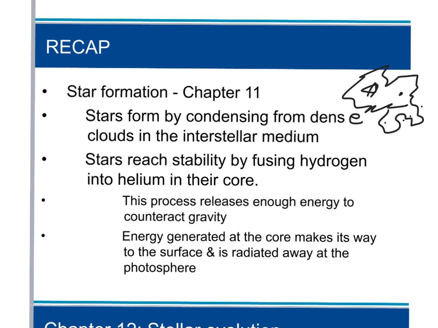But a star is going to reach stability or its maximum height, or whatever analogy you want to use. It's going to reach that stability by fusing hydrogen into helium within the core of that star. Like we saw with the sun, we have that real hot spot or core, and it emanates out.